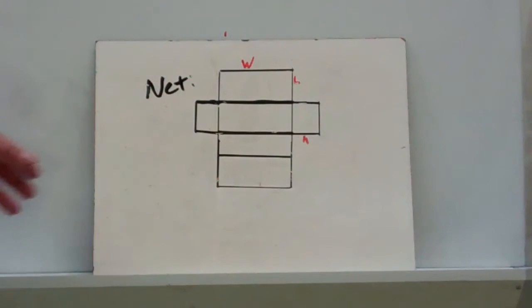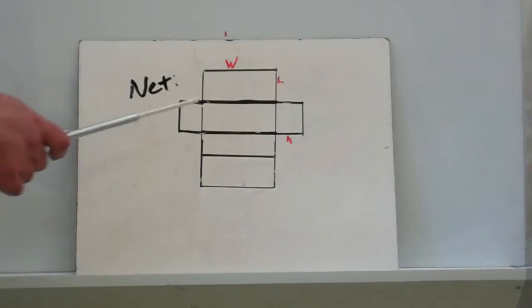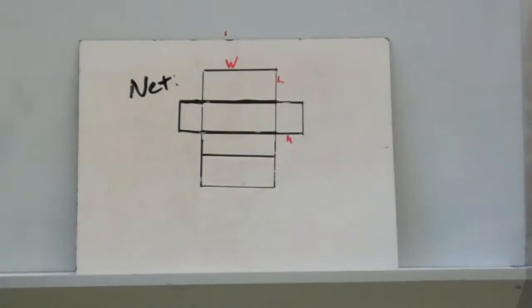A net is basically that three-dimensional shape flattened out, laid out, and what would it look like? So this is just one example of what a rectangular prism could look like. It's got 4 longer faces and then 2 side faces to kind of close up the sides of the box.